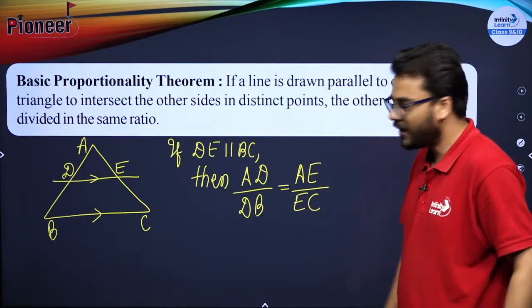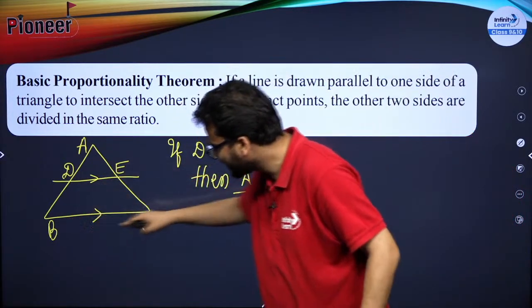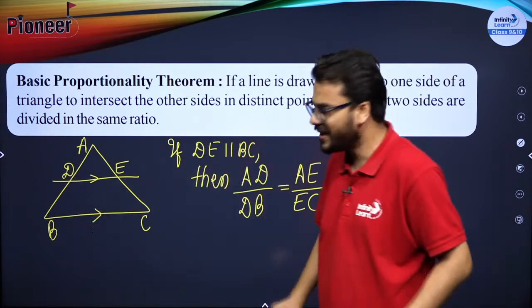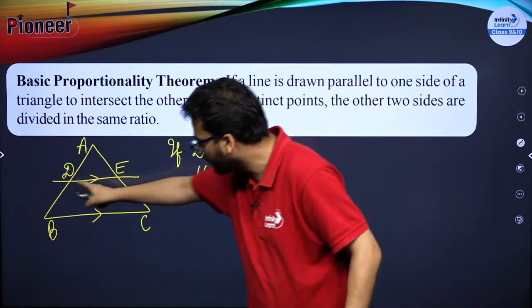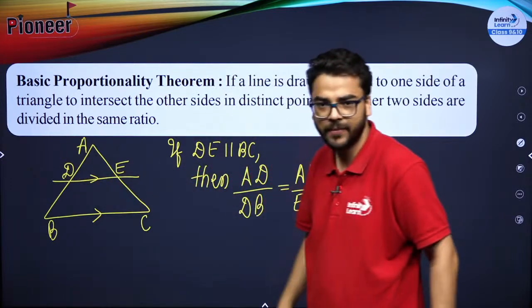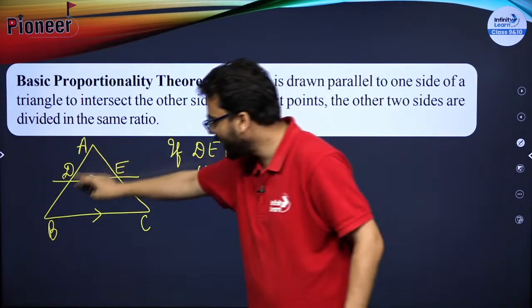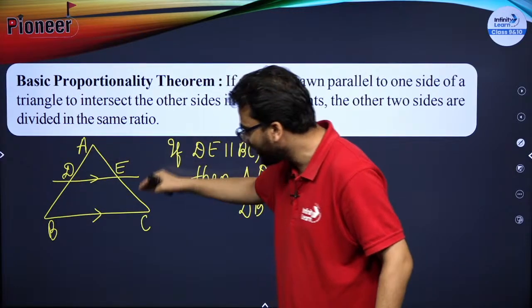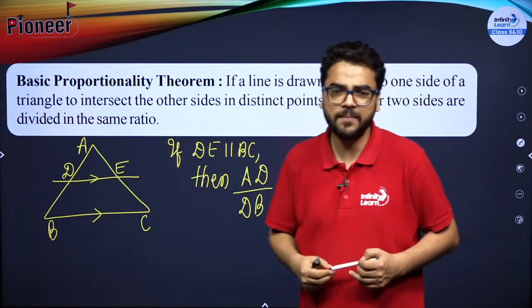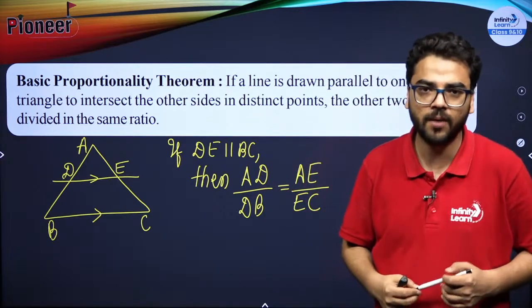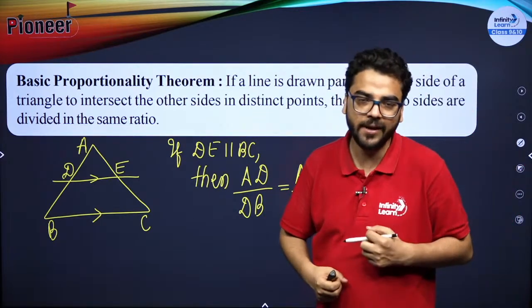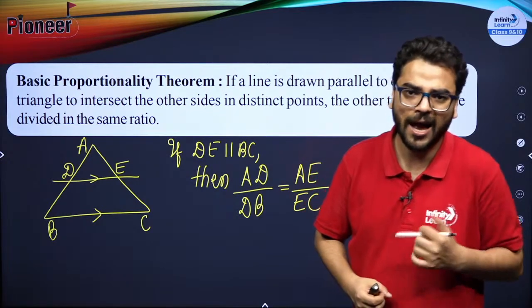If a line is drawn parallel to one side of a triangle to intersect the other two sides at distinct points D and E, the other two sides are divided in the same ratio, that is AD by DB is equal to AE by EC. So this is the basic proportionality theorem, which we call in short BPT or the Thale's theorem. I hope it is clear.